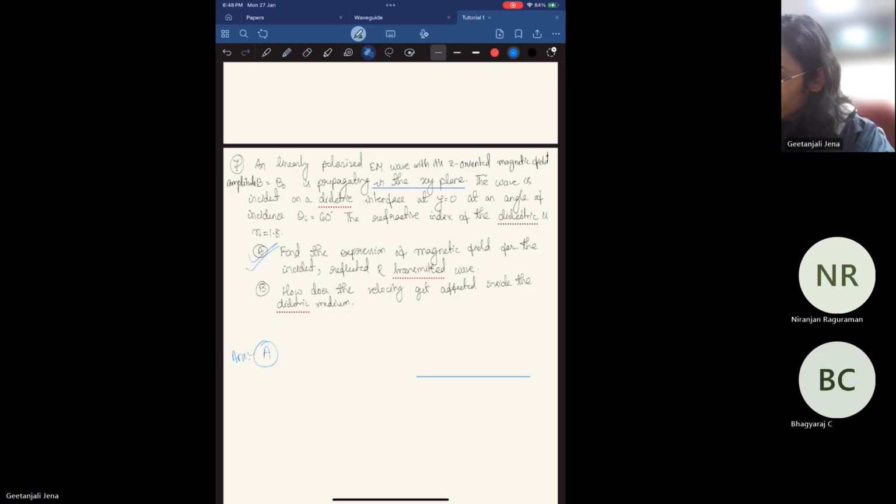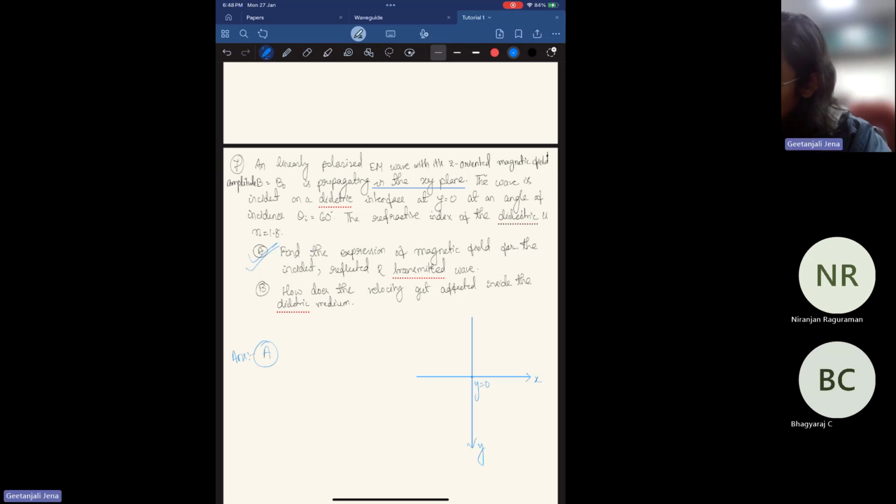So let us take this direction is x and this direction is y. And this is the point y equal to 0.